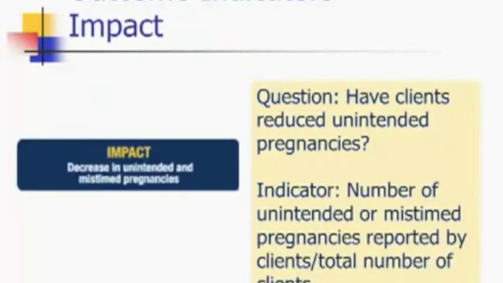And finally, let's talk briefly about impact indicators. What question would you ask here? Well, my question was, have clients reduced unintended pregnancies? And the indicator would be the number of intended or mistimed pregnancies reported by clients over the total number of clients.